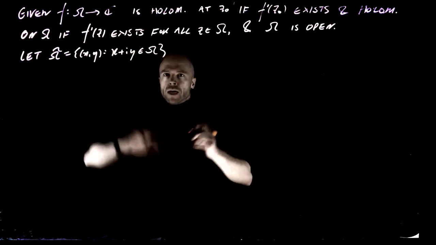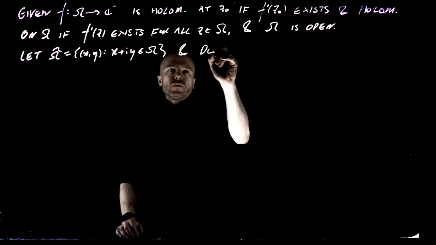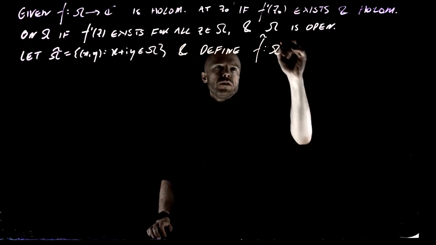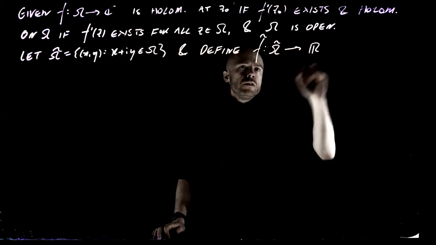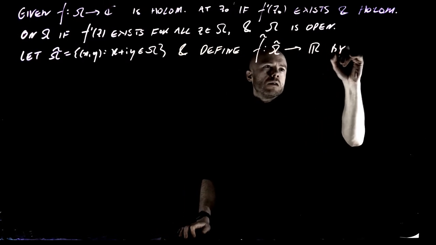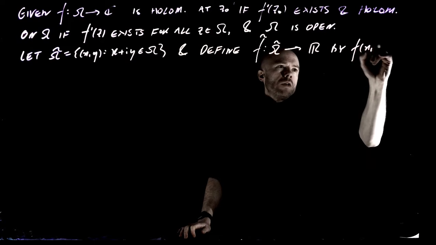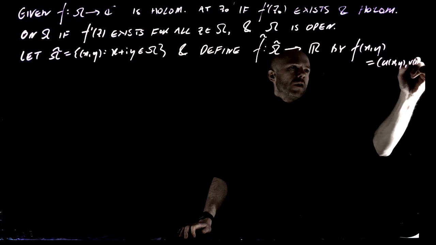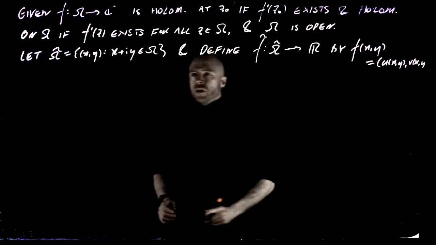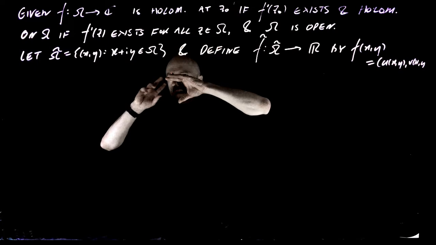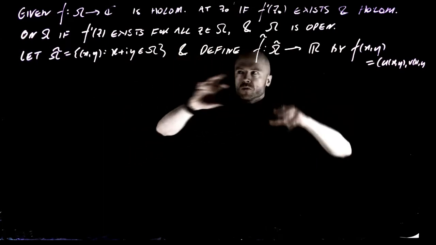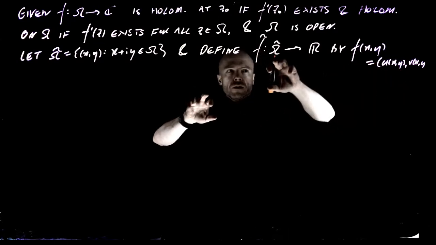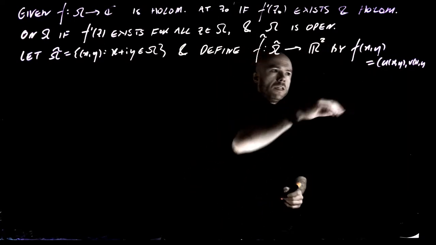Okay, and then define f tilde from omega tilde into R2 by f tilde of x, y equal to u of x, y, v of x, y.